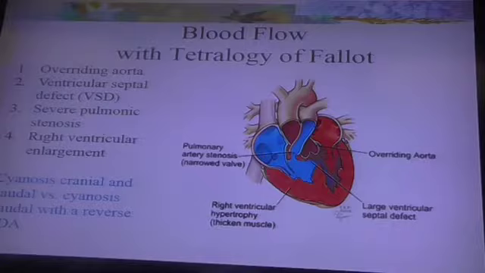And what's associated with this condition is severe pulmonic stenosis, and we already talked about it. If there is severe pulmonic stenosis, what's going to happen to the right ventricle is it becomes markedly enlarged. So then there's right ventricular enlargement.